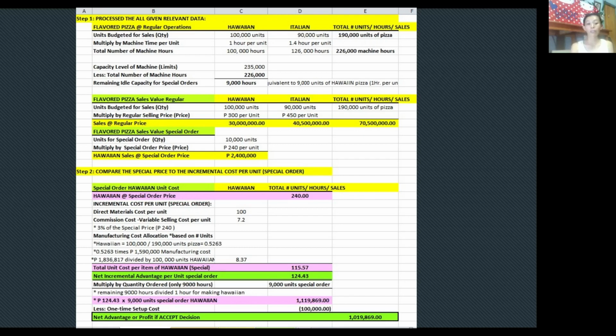The basis of the prorata is per unit, so we take the decimal, fraction or ratio of Hawaiian. Hawaiian is 100,000 divided by the total pizzas produced, which is 190,000, coming from the addition of 100,000 Hawaiian and 90,000 Italian units.